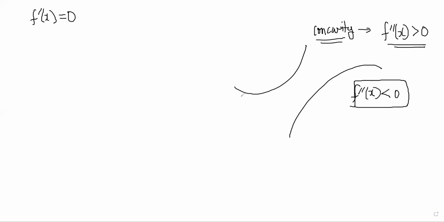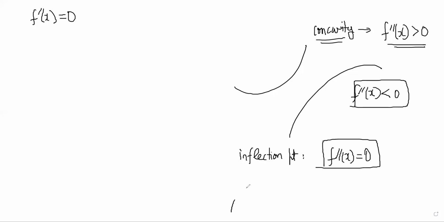Now, if you are saying curvature changes, what do you mean? Do you know what an inflection point is? An inflection point is the point where the double derivative is 0 and concavity is changing.